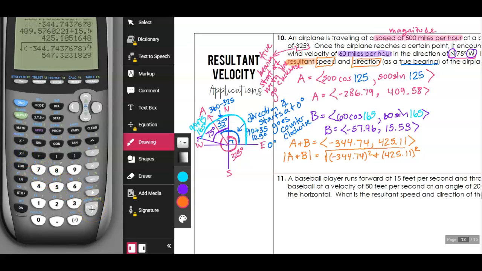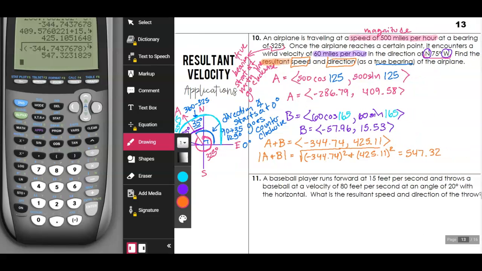And we get 547.32. And what is our unit on that number?